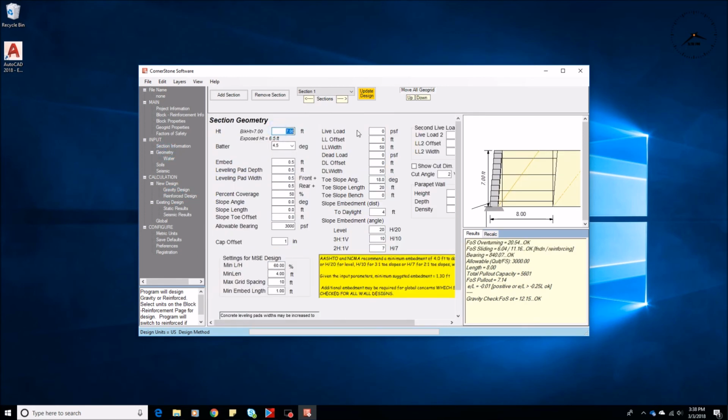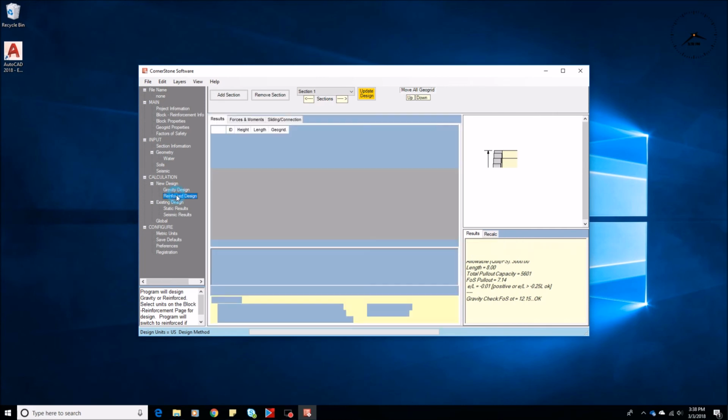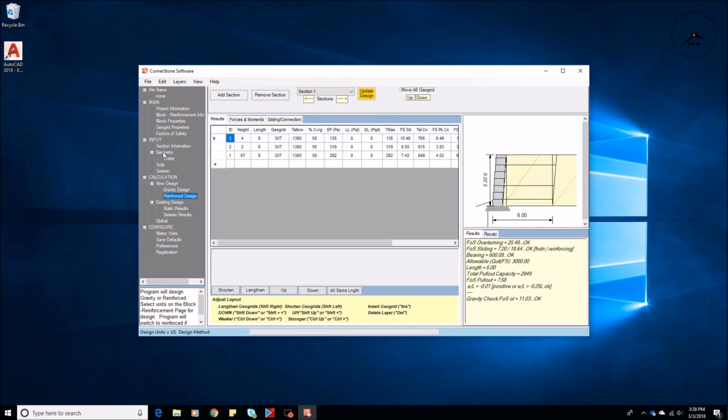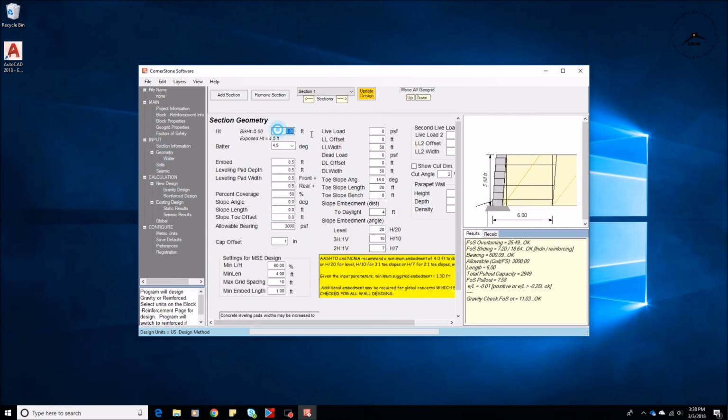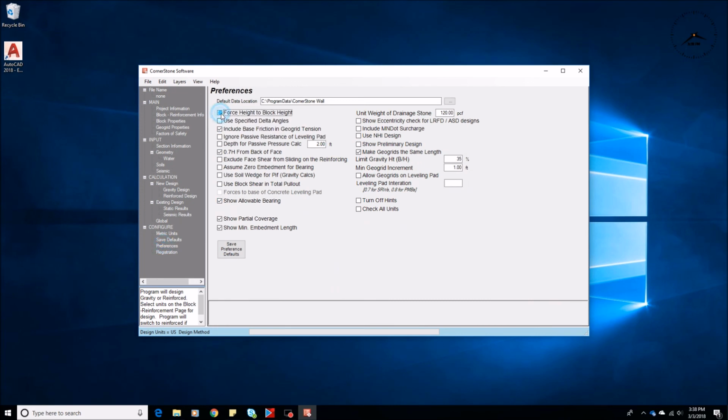We come back and then we change that to 5. That one works. If we change it to 4, and if we just exit out, it's going to change it. If that's your preference, you can change it in preferences. I don't. I want it designed to where the soil load is, not to where my block is.